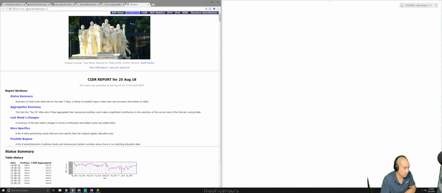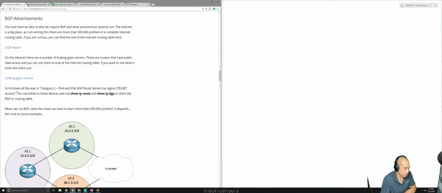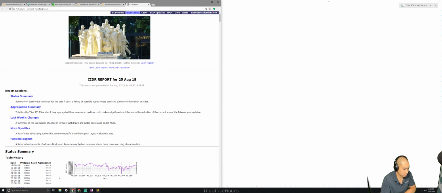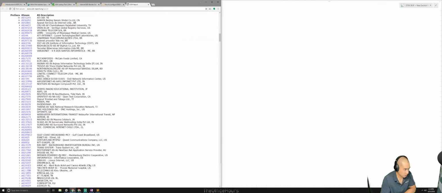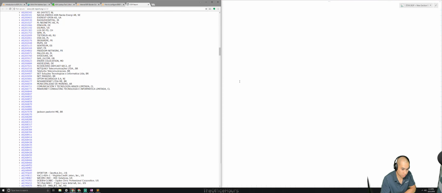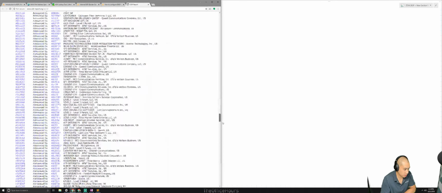Alright, cool. Back to where I was. Scroll down all the way to Category 2, IPv4 and IPv6 BGP route servers by region. There's a lot of material here.